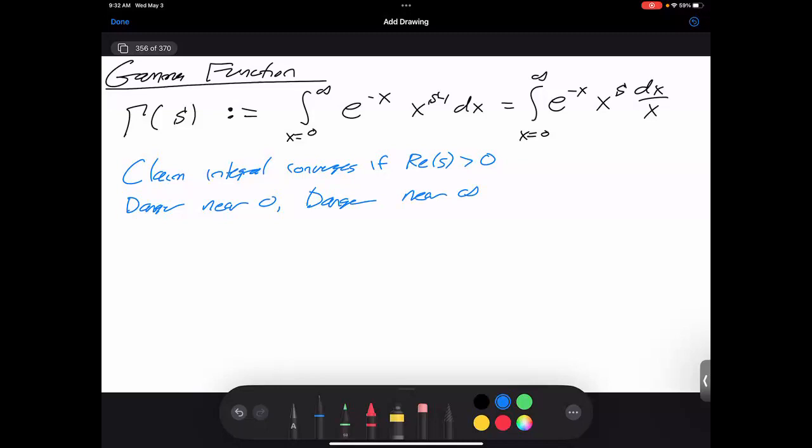Well, when x gets really, really large, the integrand looks like e to the negative x times x to the s minus 1, which is x to the s minus 1 over e to the x. Any power of x grows much, much slower than the exponential. Does anybody know what rule we could use to prove this?